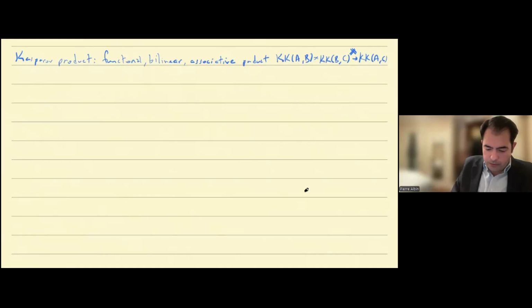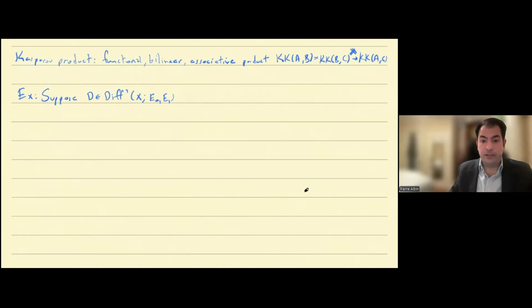Perhaps the most important example, or at least a motivating example. Suppose you have a differential operator of order 1 acting between, say, complex vector bundles. And then you have another vector bundle F with a connection. Then you can twist this operator with this vector bundle by means of the connection.